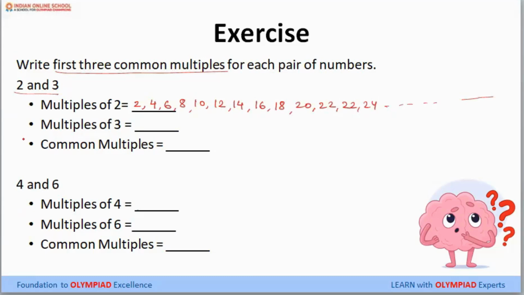Now, what are the multiples of 3? Purvi, tell me.